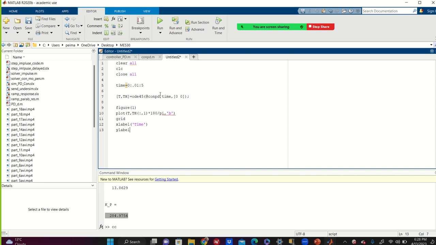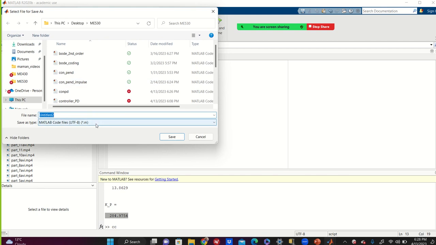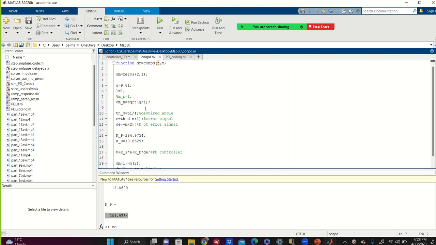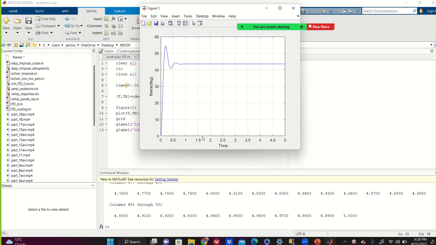Y label, theta in degrees. I say PD coding. Clear all CLC. Close all. First, let me debug it. Here we go.